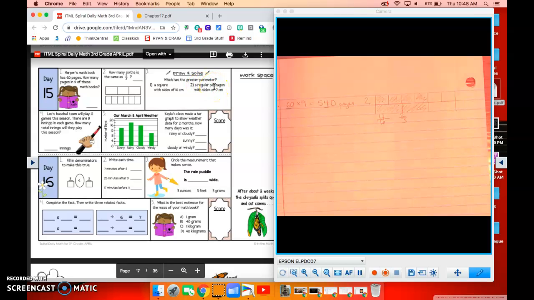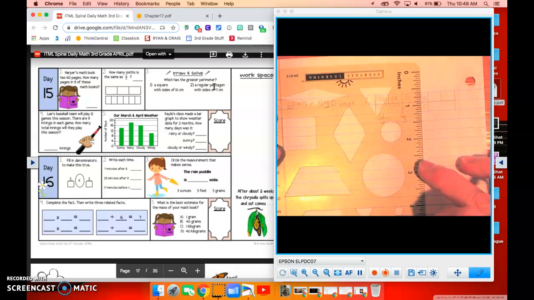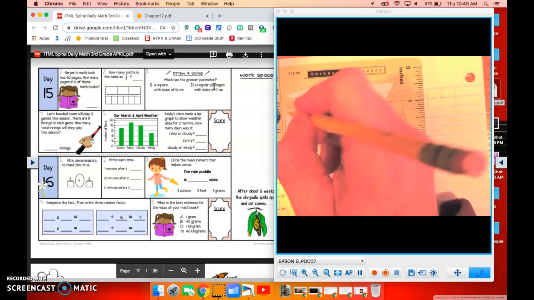All right, number 3, which has the greater perimeter? A square with sides of 10 centimeters or a regular pentagon with sides of 10 centimeters. Regular meaning an equal pentagon. So I'm just going to draw my square here so I don't use up all of the paper.